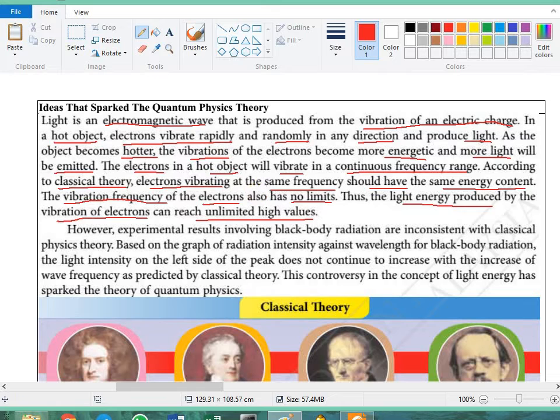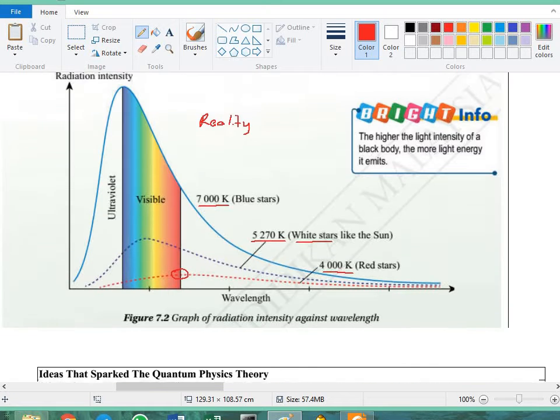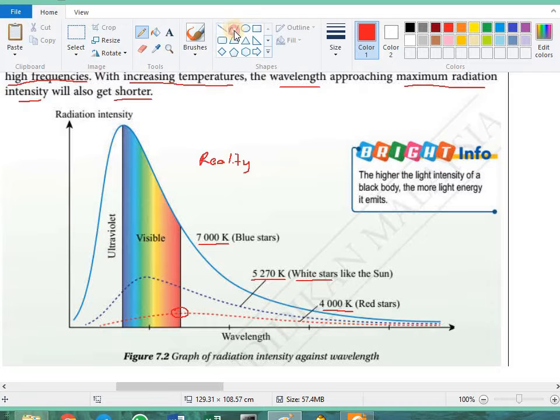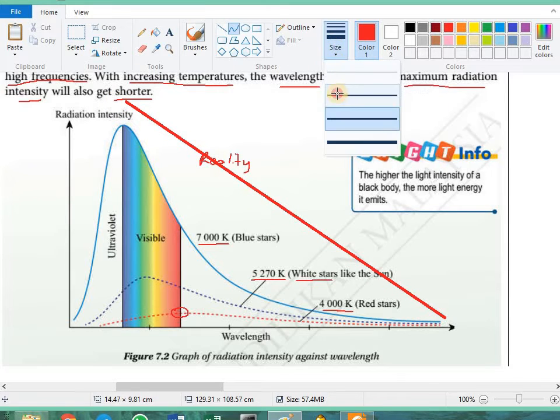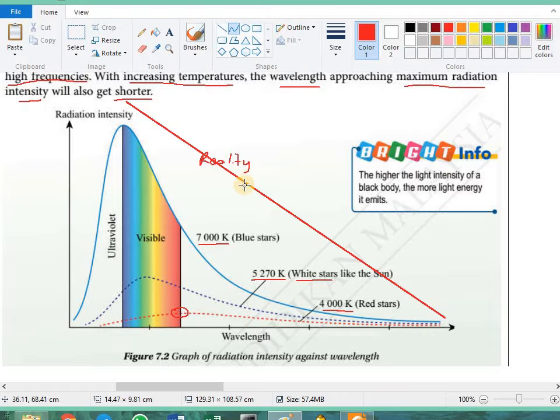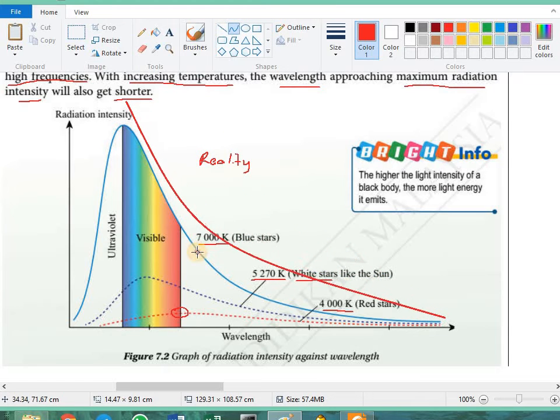That means as the frequency increases, the graph will look like this, going up and continuing to go up indefinitely to infinity.